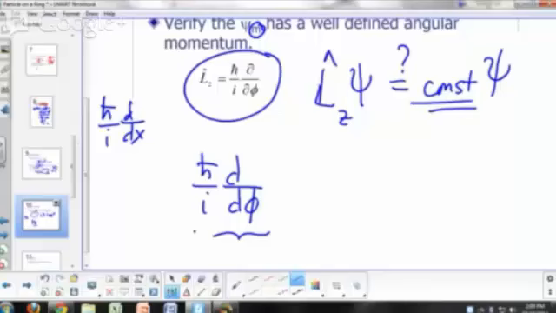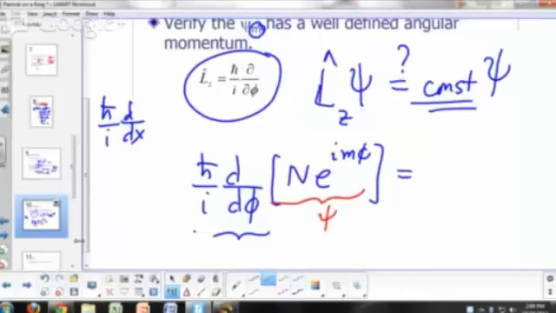If I apply that on psi, and what's my psi? N e to the i m phi. So it's going to be h bar over i times the derivative of N e to the i m phi with respect to phi.